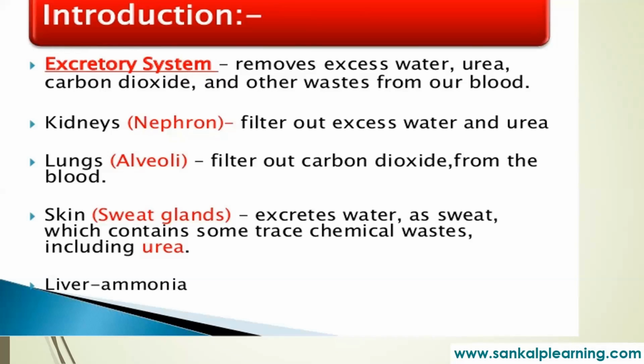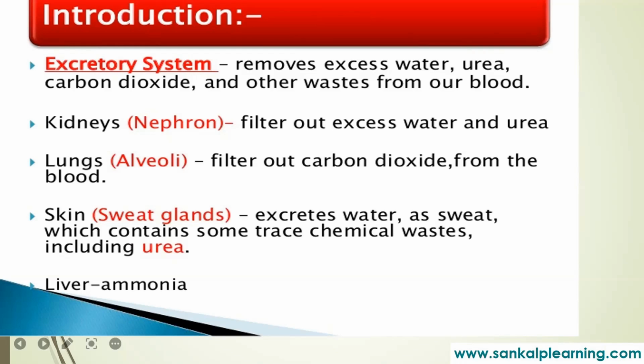And the next one is the liver. The liver is also involved in sending out ammonia. Ammonia is dangerous in our body, because to dissolve a small amount of ammonia, you need a large amount of water.